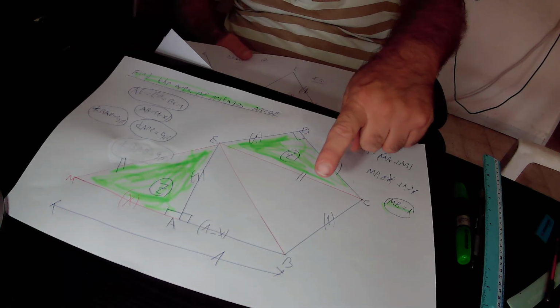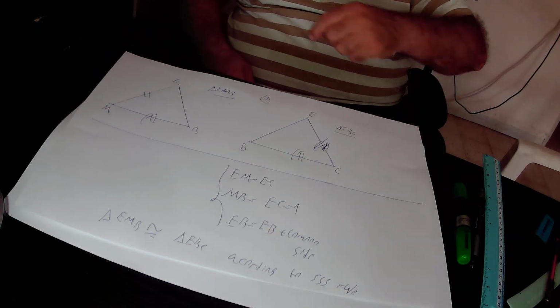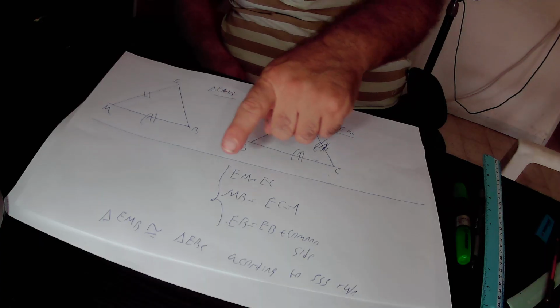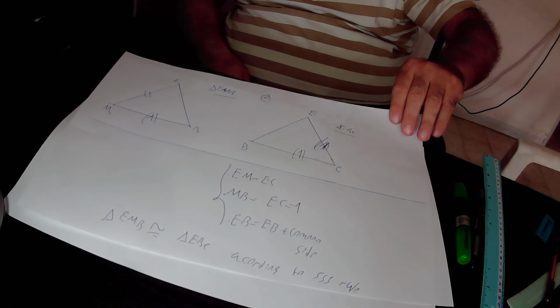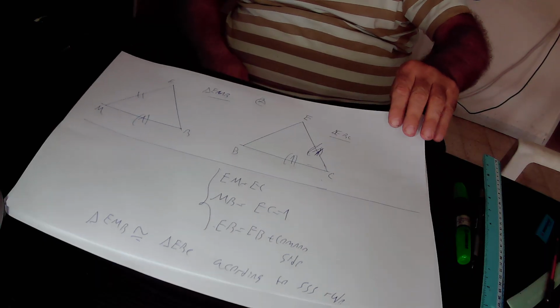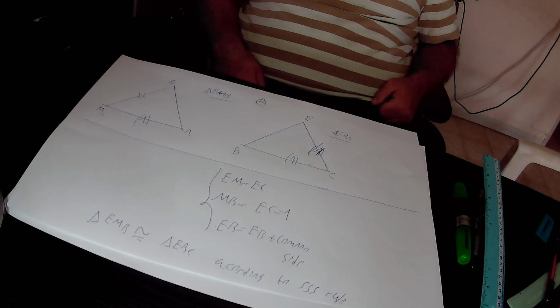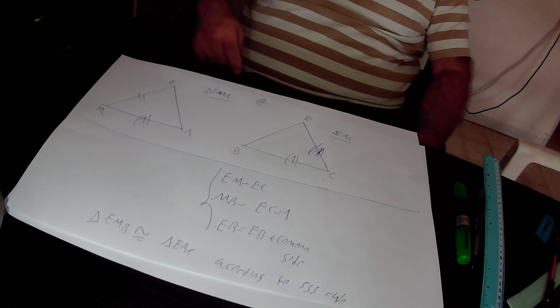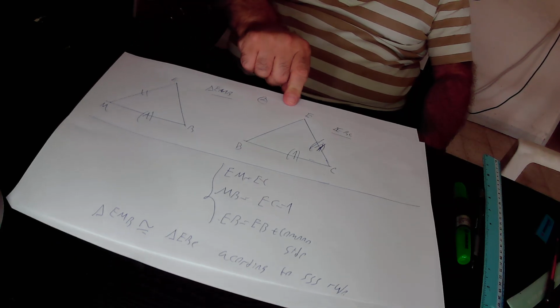So we found out that triangle EMB can go to triangle EBC according to the side side side rule. And from the fact that those two triangles can go into each other, we derive that they have also the same areas. That is to say, the area of this triangle EMB is equal to the area of this triangle EBC.